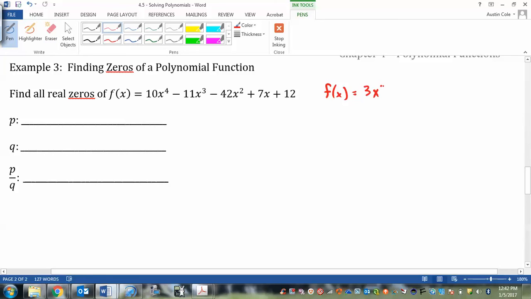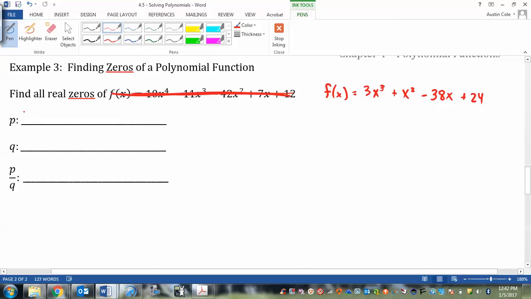Sorry, 3x cubed plus x squared minus 38x plus 24. So it says, find all the zeros. Well, we're going to do P and Q.